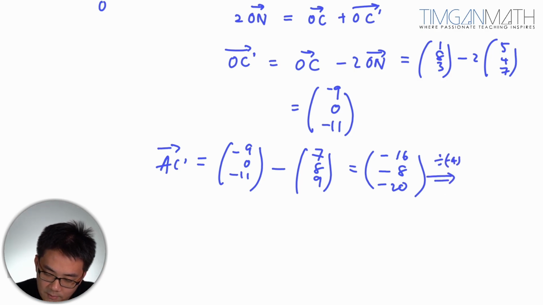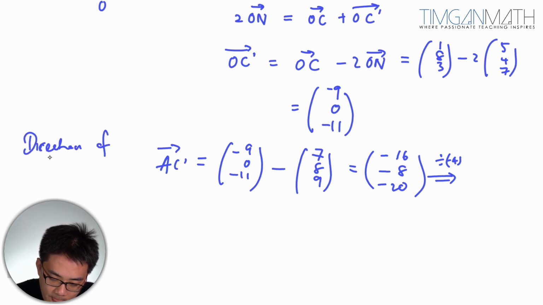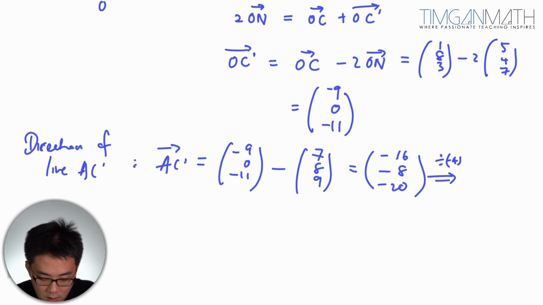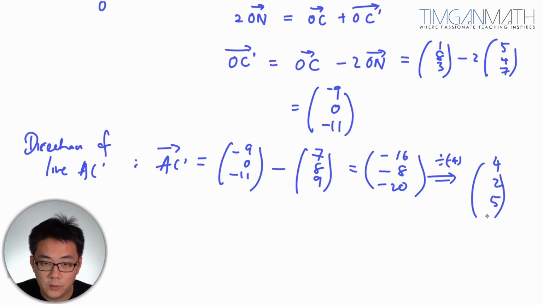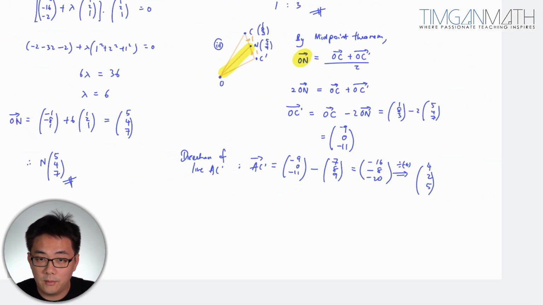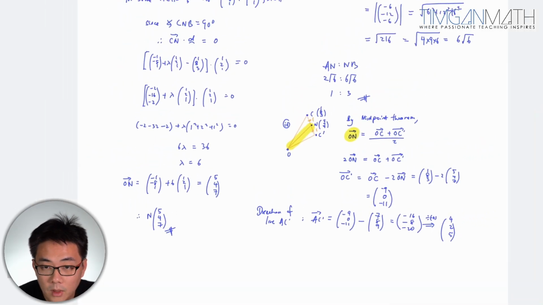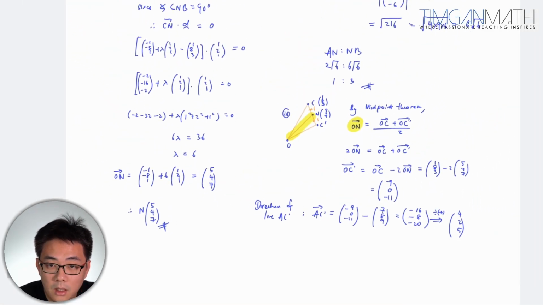Because all this could be simplified, this is the direction vector of line AC. Pretty neat. So from here, what we need is just to rearrange it.